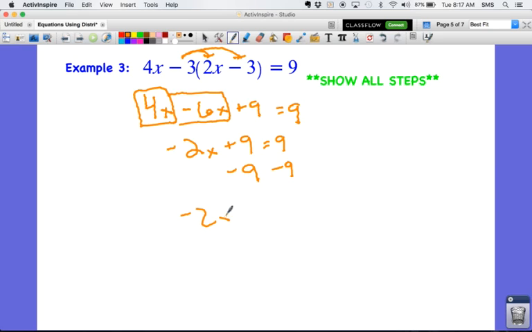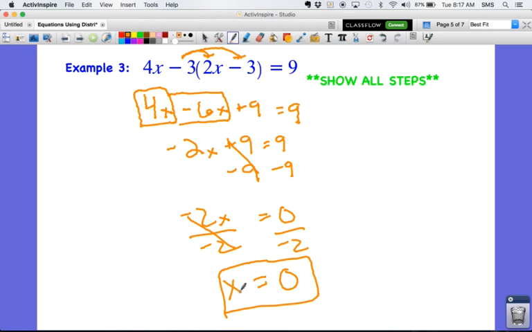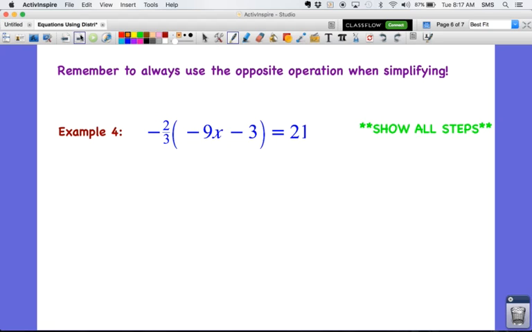I get negative 2x. These cancel, is equal to 0. Divide by negative 2. These cancel, x is equal to 0 divided by negative 2, which is just 0. So x equals 0.